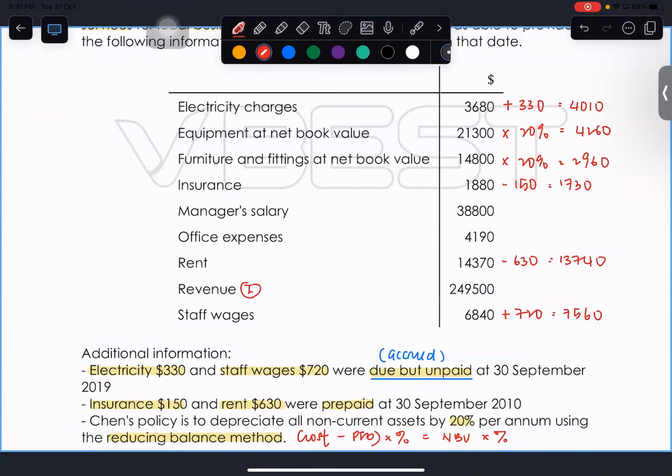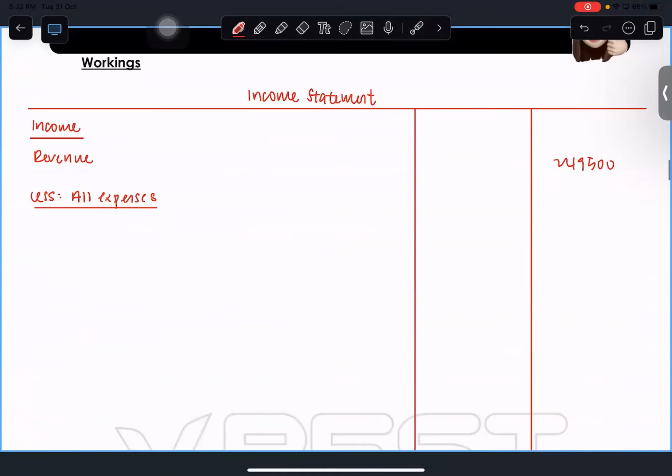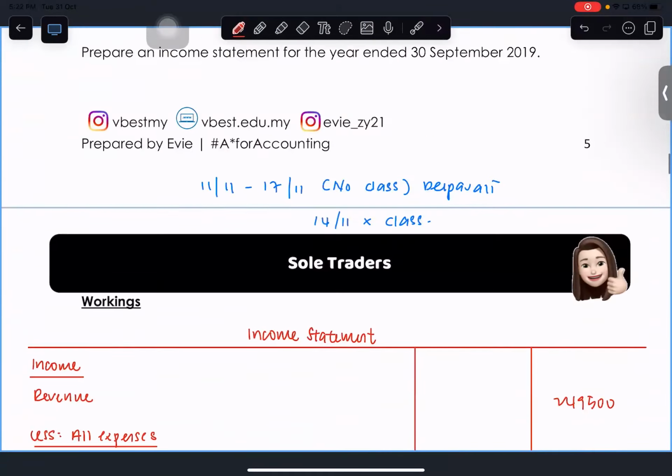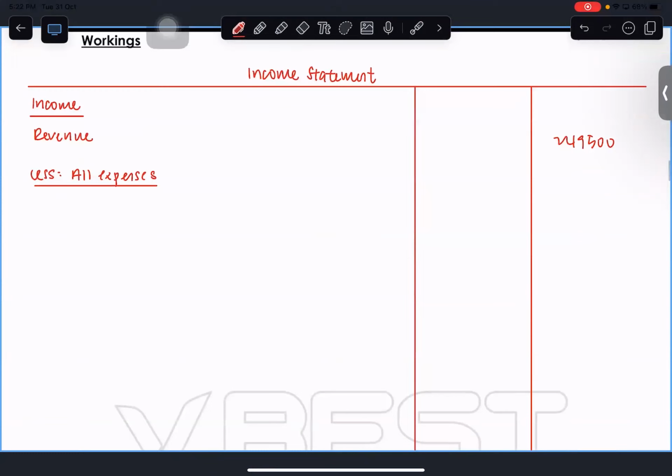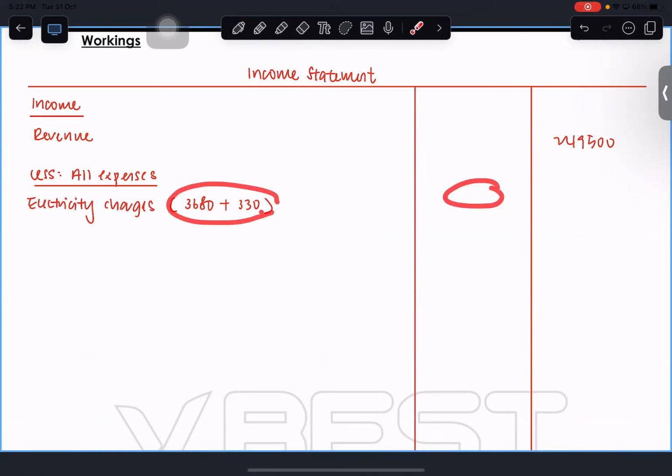Then we just list down all the things one by one. After you guys list already, it's my turn to list down. If you list it down already, you see electricity, right? You did adjustment. You plus your accrued amount, so you have to bracket it and write down the calculation, because IGCSE might include this as a mark, and for the final answer only, no marks. So the best is writing this down.